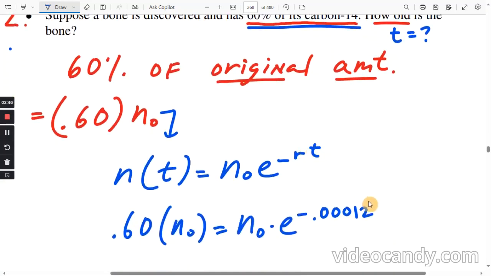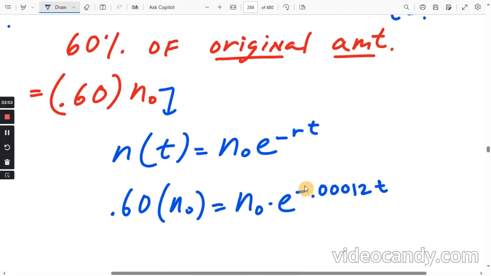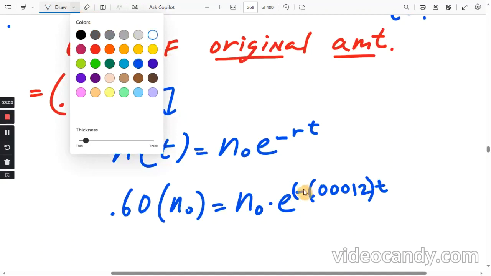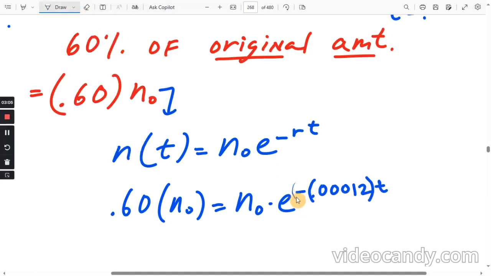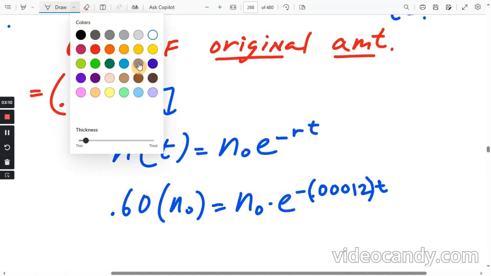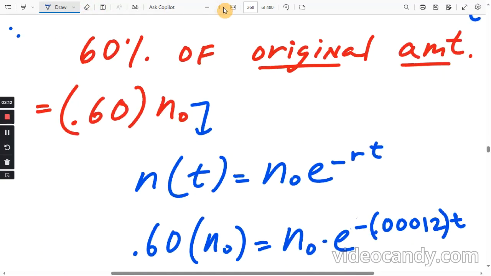And t is just t. We're solving for t because we want to know how old it is, so we have to find the time. This r is times t. From there, once you've got the setup, it's pretty simple to solve.